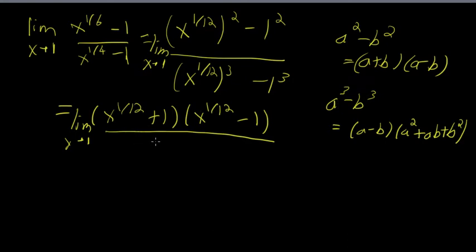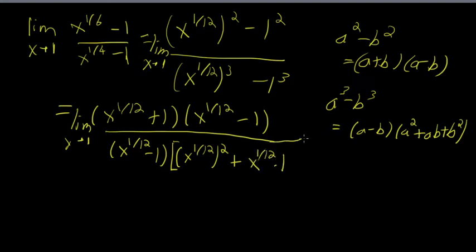So what you have here is a minus b, which is x to the 1/12 minus 1, times a squared, so x to the 1/12 squared, plus a times b, so plus x to the 1/12 times 1, and then plus b squared, so plus 1 squared.